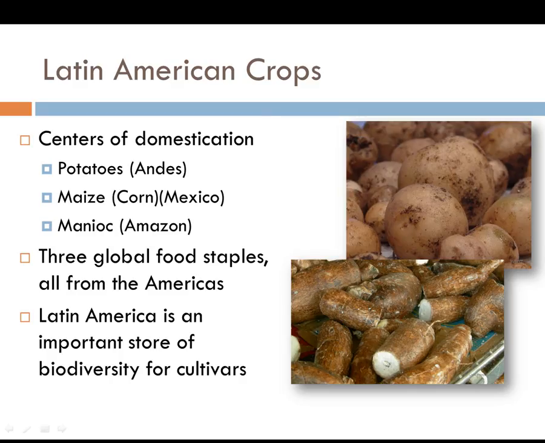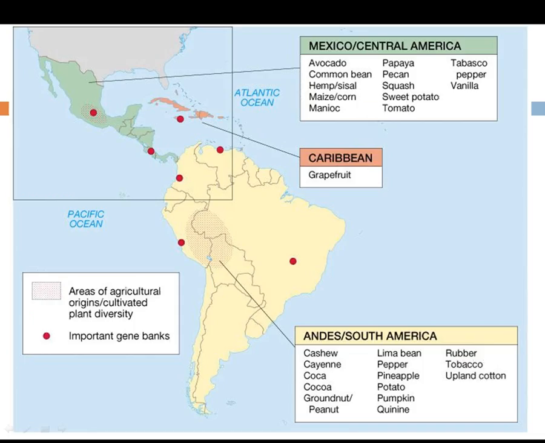And it turns out that when we look at where these centers of domestication were, Mexico for corn, the Andes for potatoes, and the Amazon for manioc, with the exception of the Amazon, we're actually looking at major population centers today, at some of these locations of important gene banks, which happen to correspond to significant agricultural areas in the past.